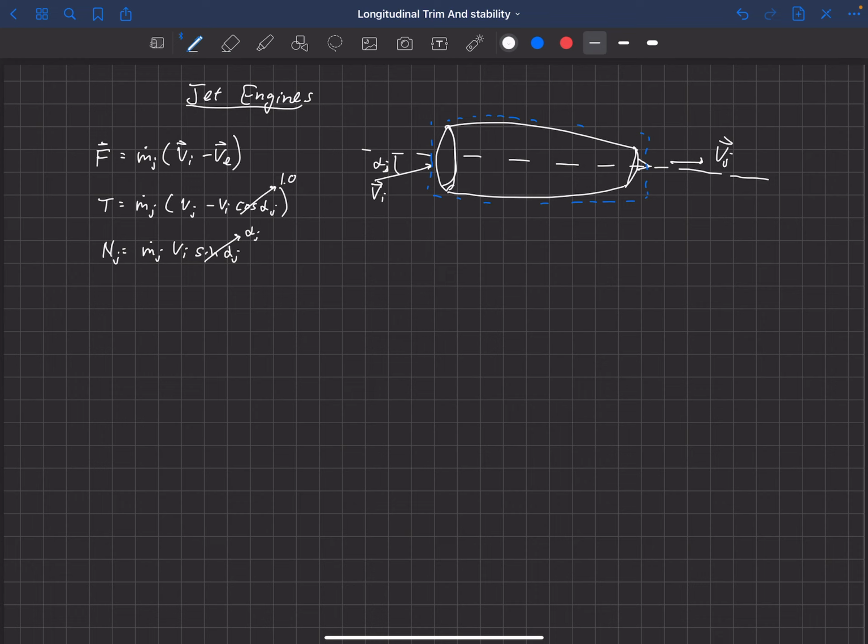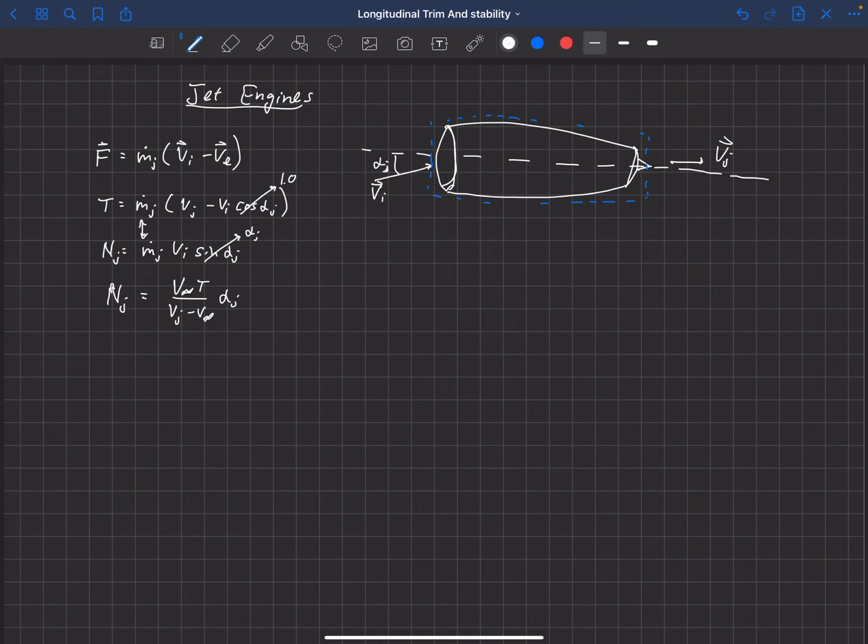And then we can combine these two equations to get rid of m dot j and write Nj, the normal force, in terms of the thrust. So if you do that, you get V infinity times the thrust over Vj minus V infinity, times alpha j. So I've applied the small angle approximation and put the normal force in terms of the thrust itself.